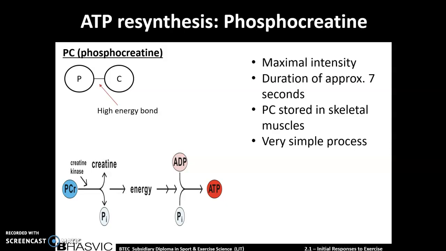This also only produces an ATP yield of 1, as there's only one phosphate molecule per phosphocreatine, as it's such a simple process.